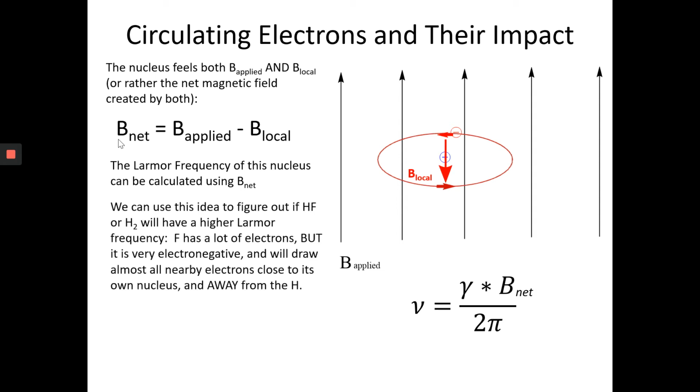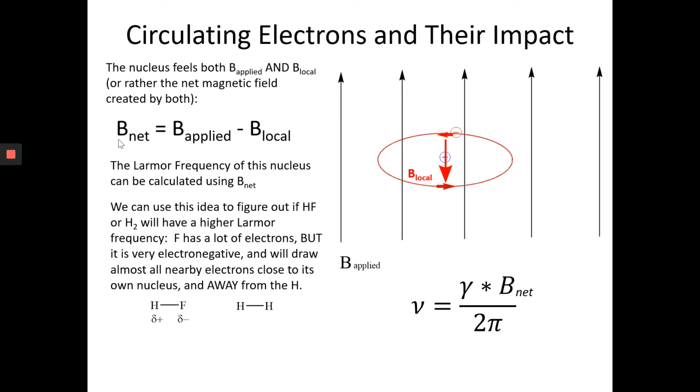So let's go back to this question that we just looked at. We can use this idea to figure out if HF or H2 will have the higher Larmor frequency, right? F has a lot of electrons, but it is also very electronegative, the most electronegative element in the universe. It will pull on those electrons and pull all of the electrons around the H away from the H and towards the F. So think about this.